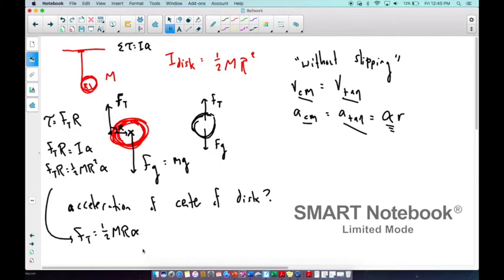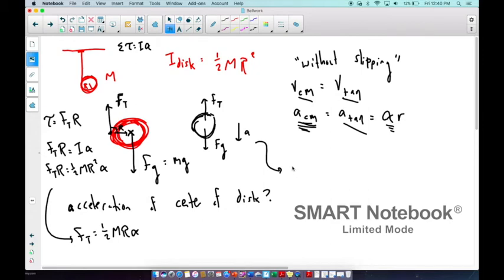All right. And now I can write a Newton's second law equation for the disk translationally, because that's what I'm trying to find, the translational acceleration of the thing. And I want down to be positive, because I know it's accelerating downward. So that Newton's second law equation is going to be the sum of the forces is ma.